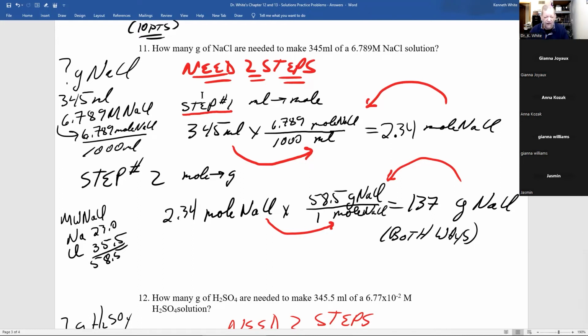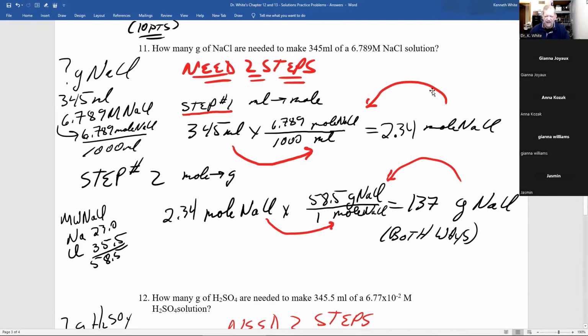You need 2 steps. And important information, as you saw, quiz number 4, the first step is milliliters to moles. What does that mean? Well, we're given 345 milliliters. We're trying to get the sodium chloride, so I guess the moles here mean moles sodium chloride. And how do we get from milliliters to moles of sodium chloride? Use your good buddy, your good friend, unit analysis.